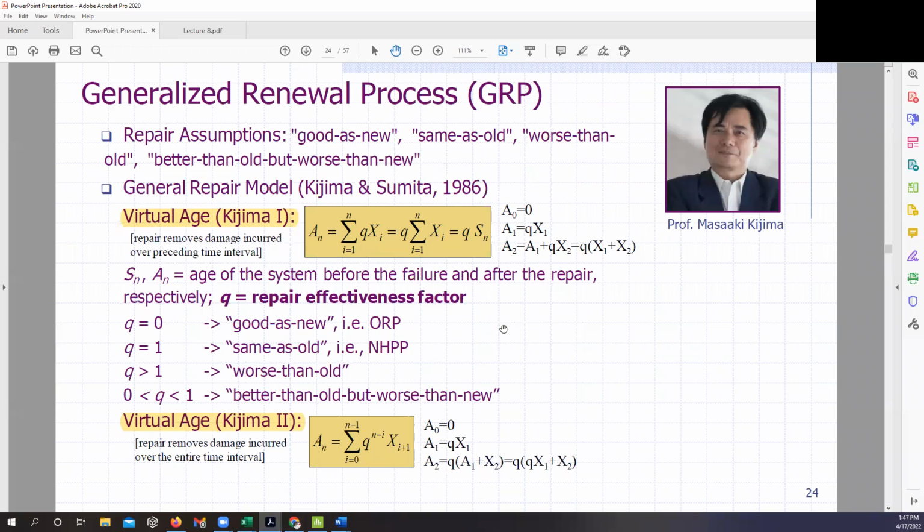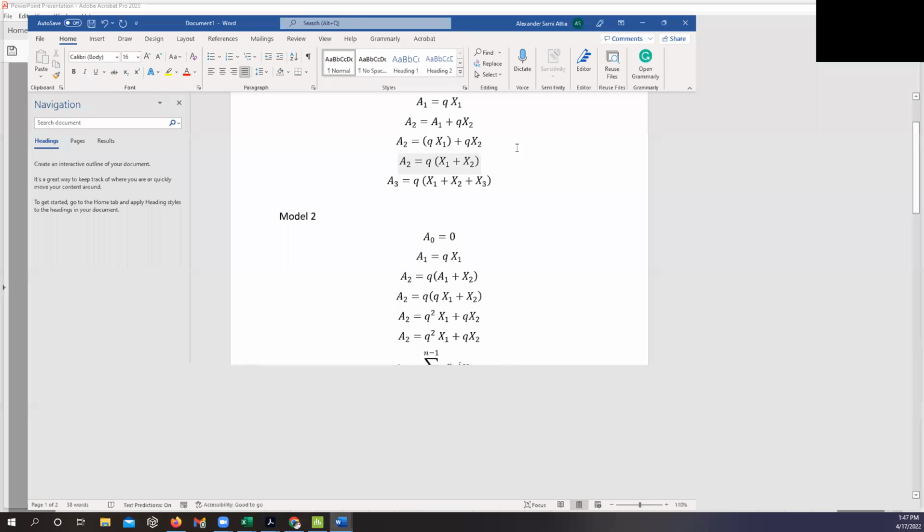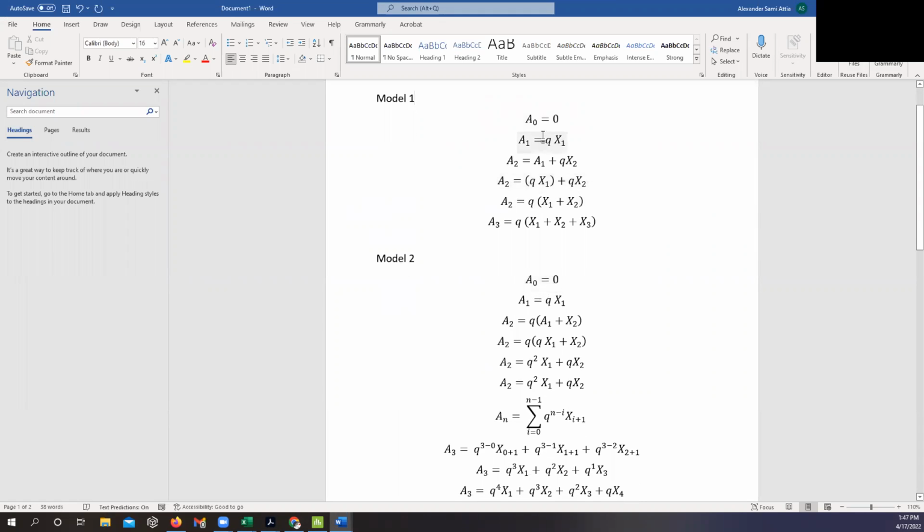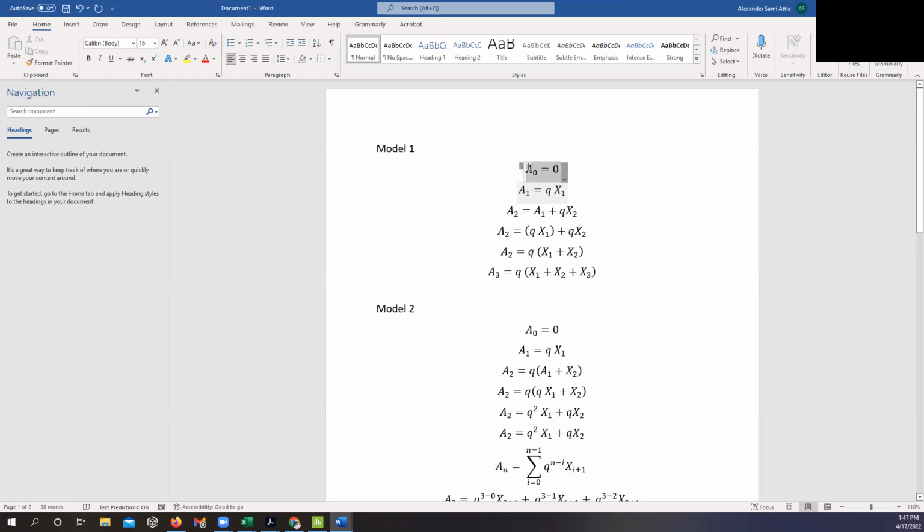The mathematical model is relying on those three equations here and here. And you can see that I have something put together to explain that. So for model 1, both first equations are similar in both models. A0 equals 0 is the brand new condition of the car or the equipment. And A1 equals QX1, the repair effectiveness multiplied by the interval.